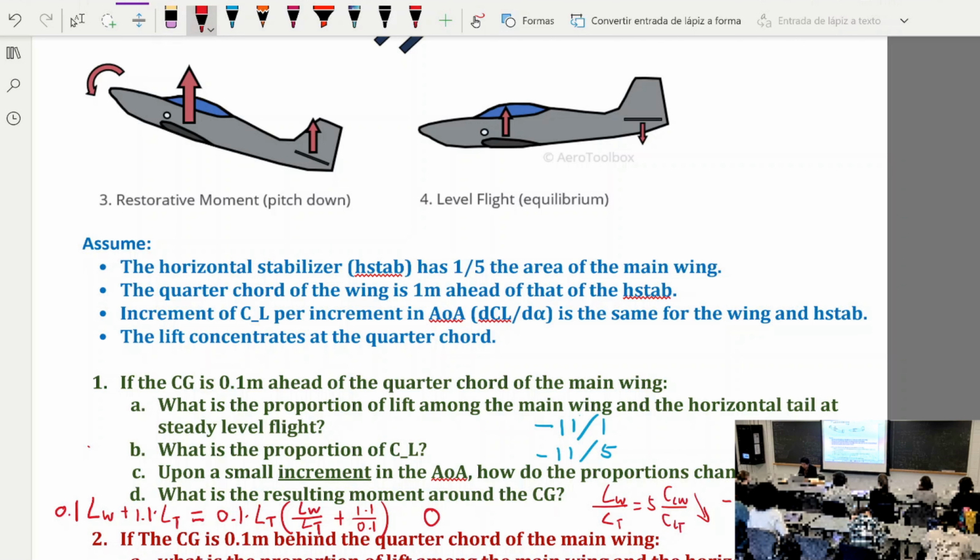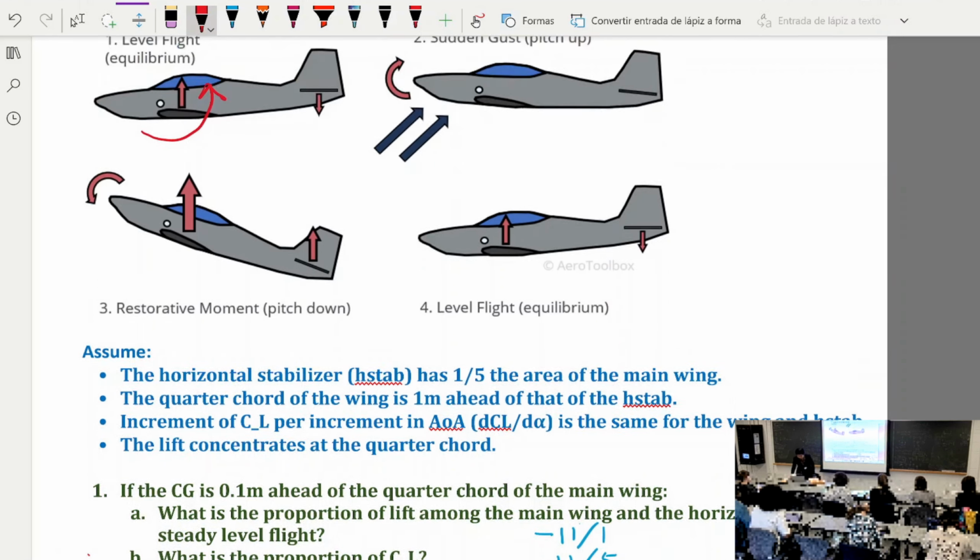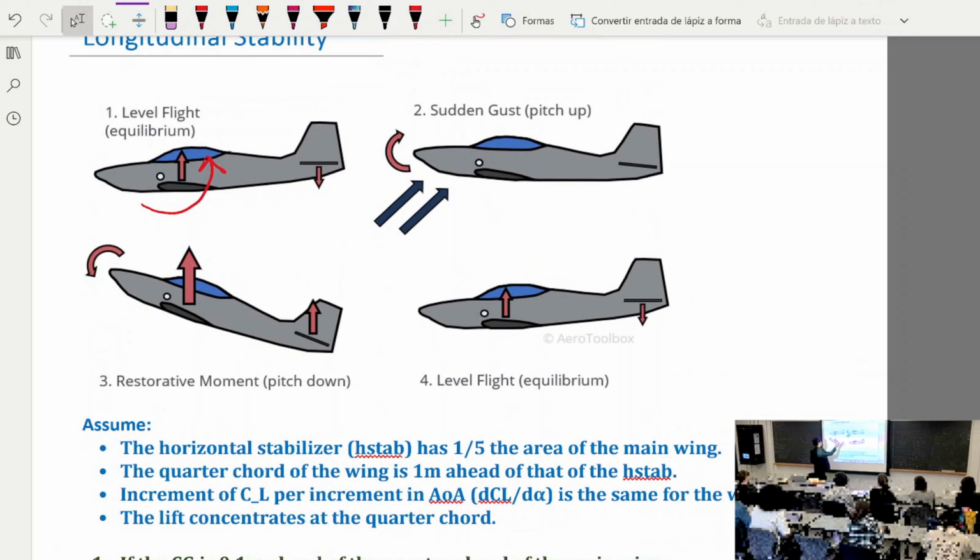So it's going to be multiplied by a negative number, and this is positive, right? I got myself confused. So the lift on the tail is a negative number, and the LW over LT is going to become less than minus 11. Right, which means this parenthesis, something less than minus 11 plus 11, is going to be negative. That negative parenthesis multiplied by this negative lift on the tail is going to get you something positive, which means the airplane is going to have a positive moment in the nose down direction.